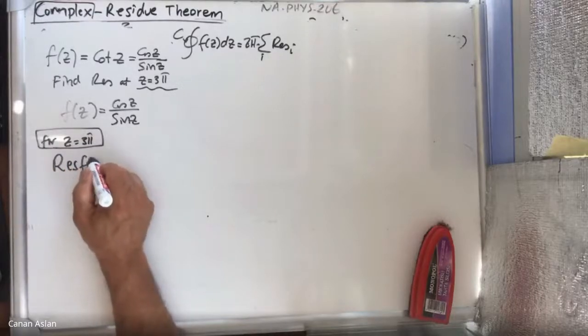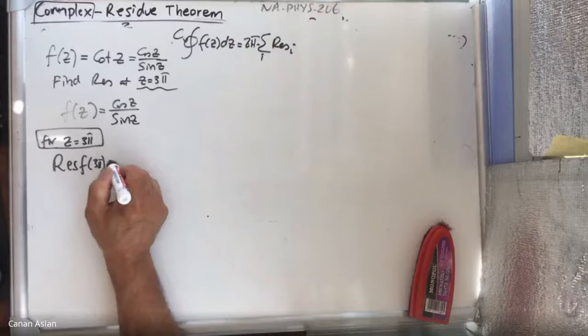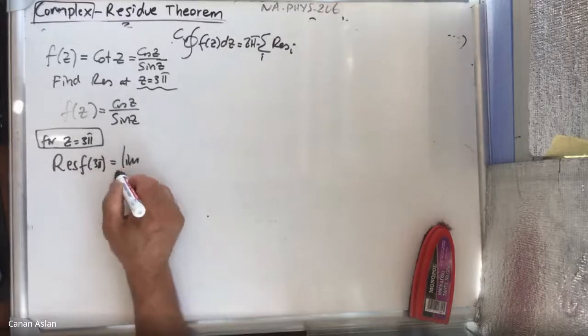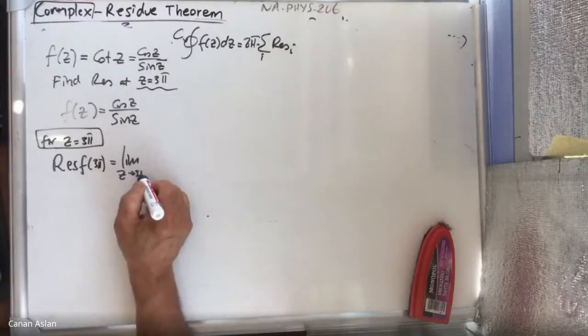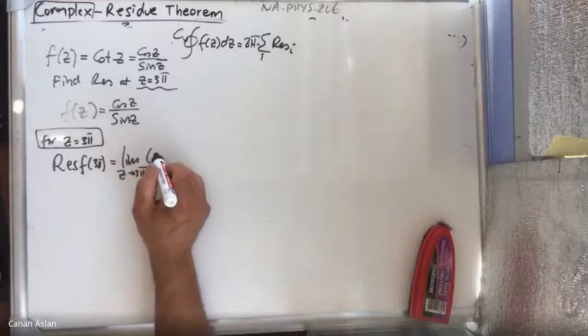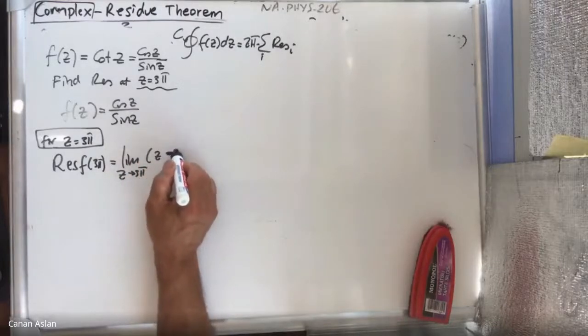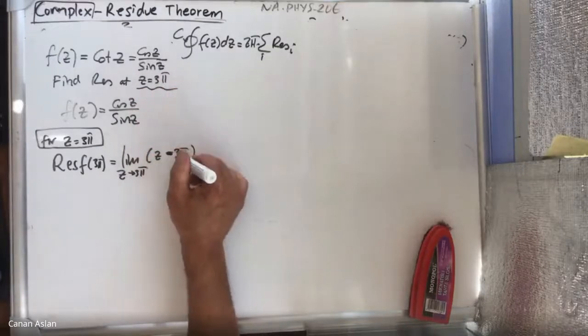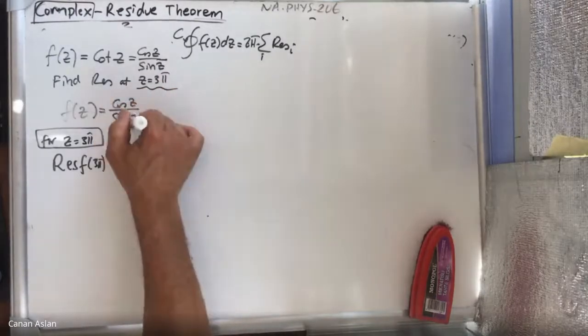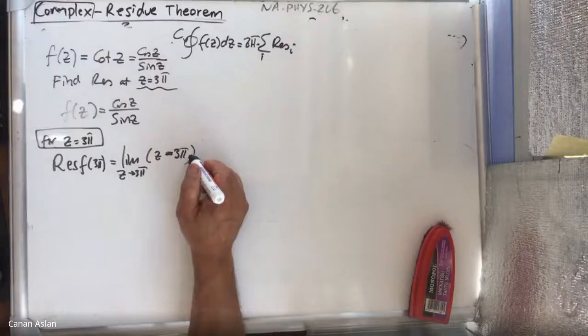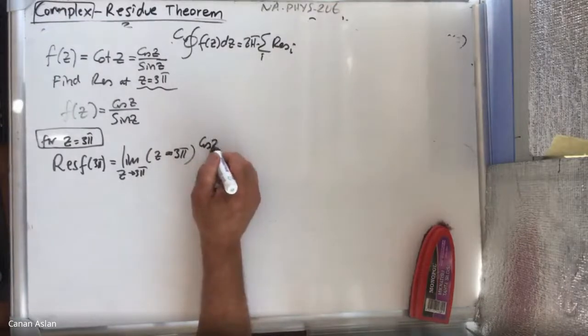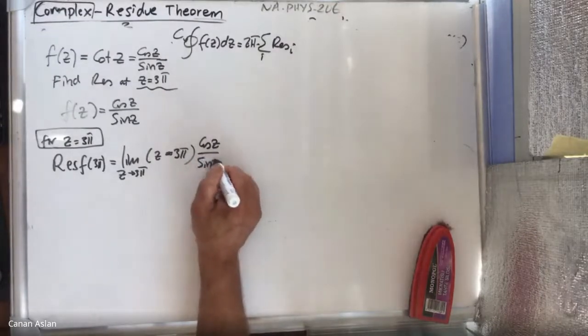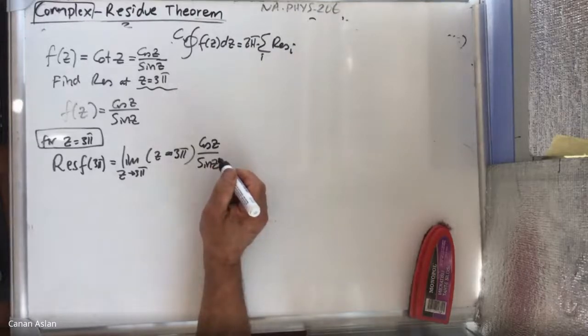Remember, the residue at 3 pi is equal to the limit as z approaches 3 pi, we multiply by z minus 3 pi, as if there is a denominator with this z minus 3 pi, but it doesn't actually. Then this times cosine z divided by sine z.